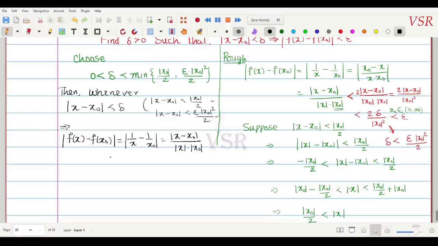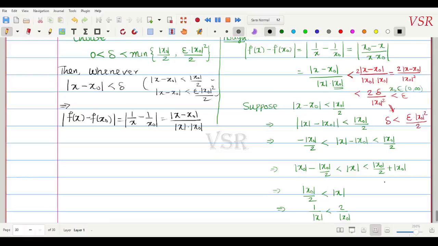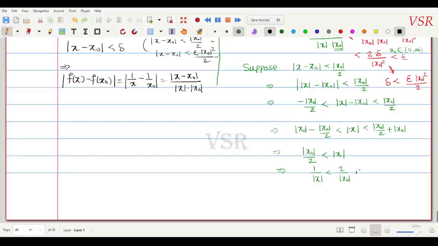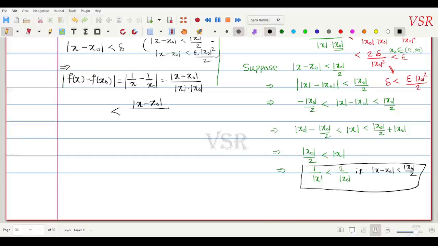Okay, and note that since in the condition, modulus of x minus x0 is less than mod x0 by 2, then we can replace this guy by this. So this fellow is smaller than modulus of x minus x naught divided by mod x naught into mod x naught into 2.